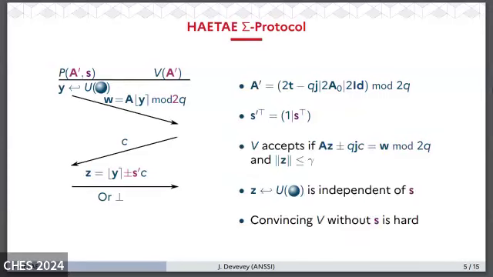And so it means that the verifier is now still able to do verification with this updated verification equation, and it doesn't matter the sign it chooses for QJC. It's also independent of the sign chosen by the prover. And then we still have the same nice properties. If you do rejection sampling correctly, then everything is fine. It's still hard to convince V without knowing the secret.